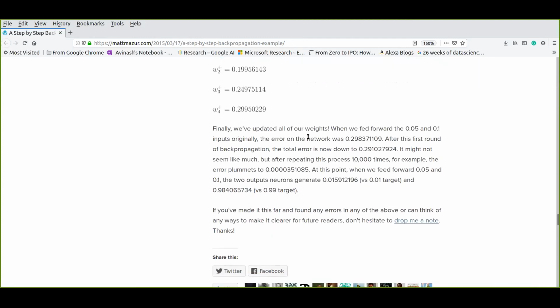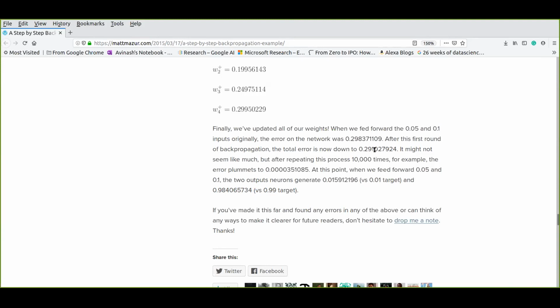So now in the first phase, the error that was recorded is 0.2983, whereas once these weights are updated and the forward propagation is done again, it is noticed that the error has come down to 0.2910 at the end of the first iteration.